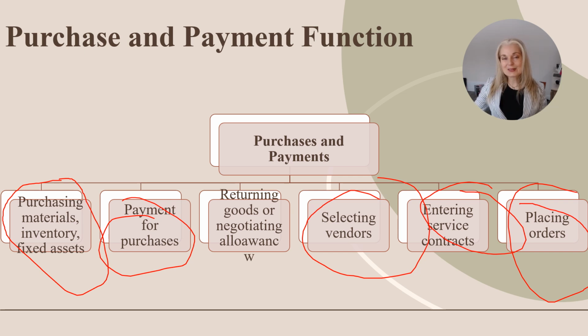Etc. So there are a lot of controls that need to go into the purchasing and payment function because it involves goods coming into the organization, so there's a potential for fraud there, but also payments, or money going out of the organization. So you really need to make sure that you have very tight controls when it comes to this process.